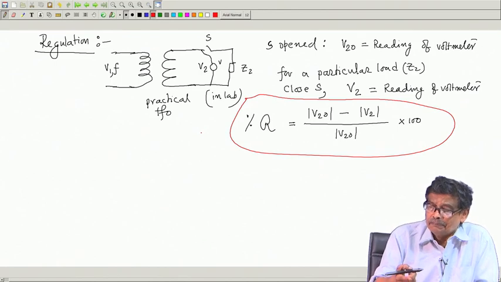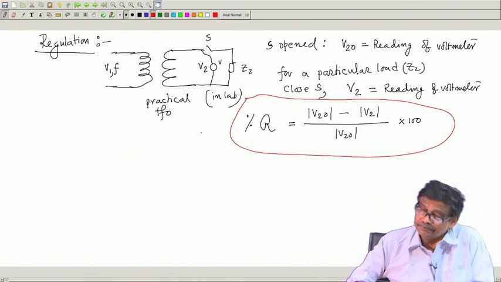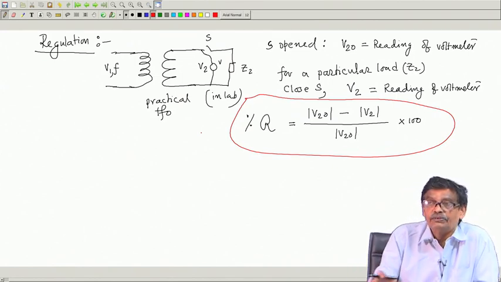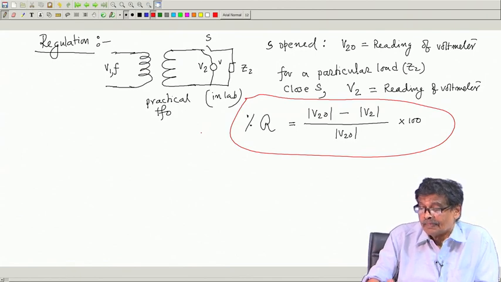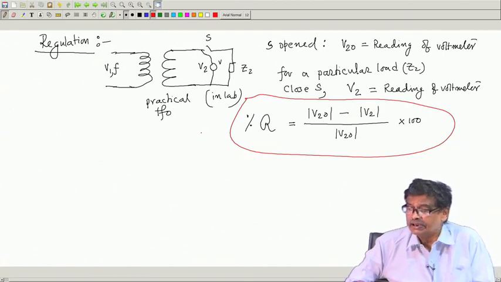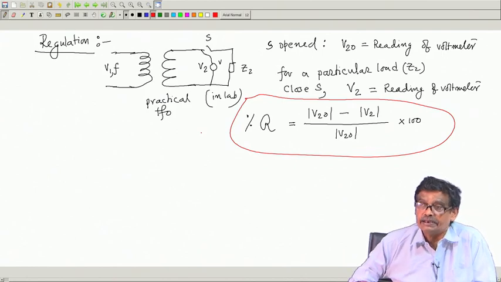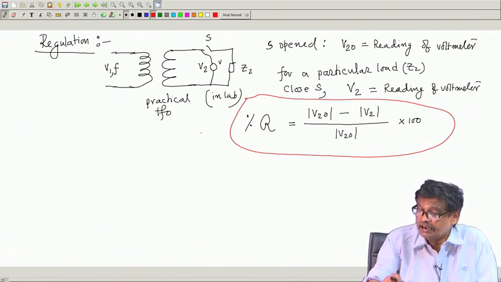So, in a practical setup, you can calculate regulation easily. We will see, but this is what you have to do. Imagine at least you can do this: apply rated voltage, rated frequency. Generally regulation is to be calculated with the rated current, handling rated kVA, and the load should be very clearly specified.